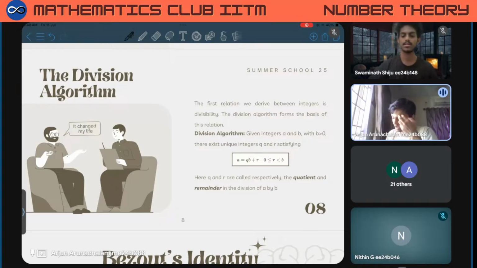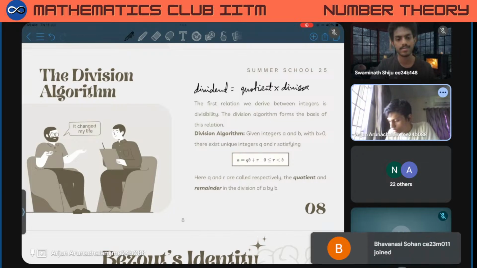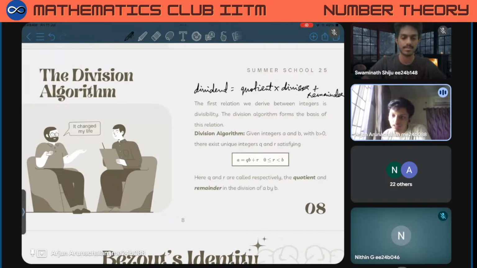This is just a fancy way of stating something we've already learned in lower classes. We all know the formula that dividend is equal to quotient into divisor plus remainder. This formula is just a fancy way of stating this theorem.